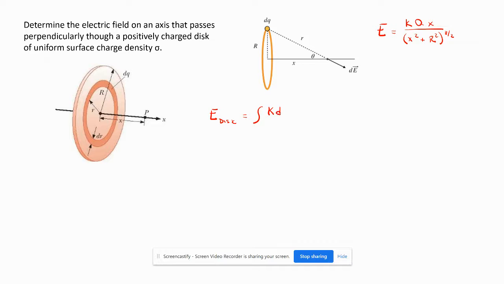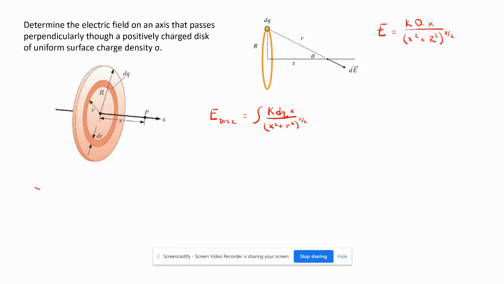So now I'll call that charge on the single ring a dq. I'm going to do this as the ring goes from a radius of 0 to a radius of capital R.